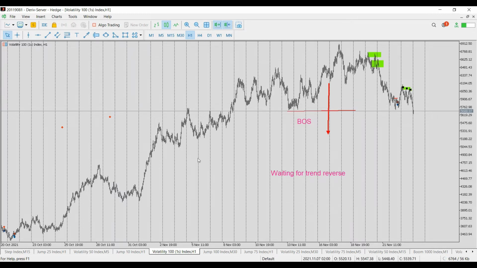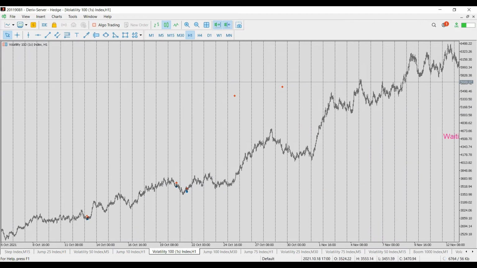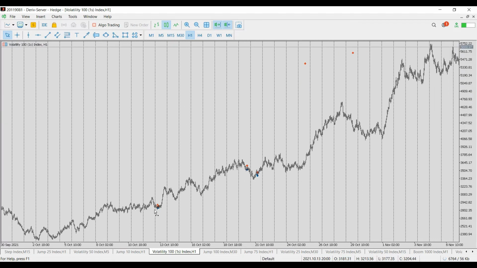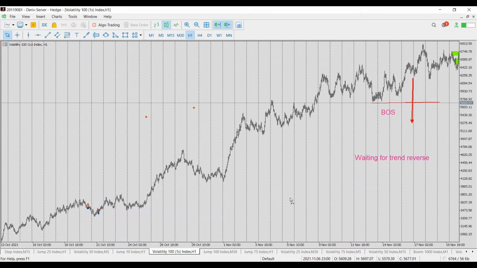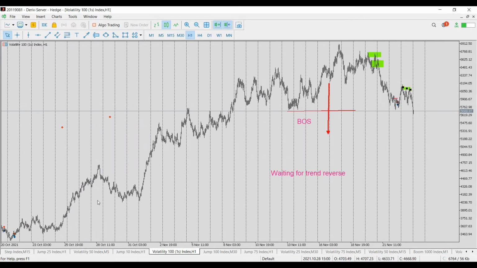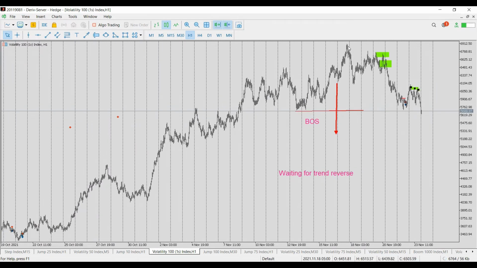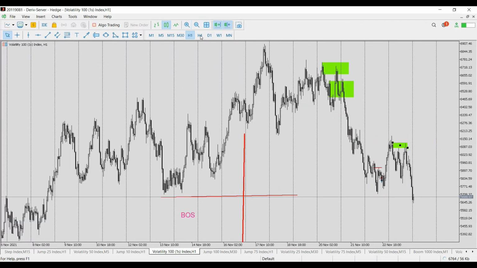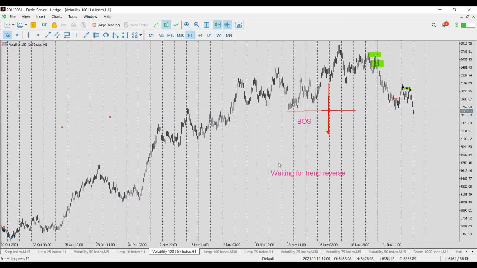So basically, to be able to identify your sniper entry, the first thing you need to know is your overall trend. As you can see, this is the VIX 101S index. It's been on an uptrend for a very long time till it got to this place where it took a reversal. I think I did this when the market was here.